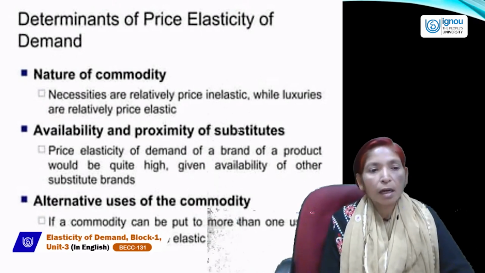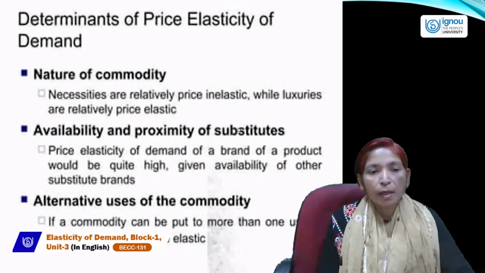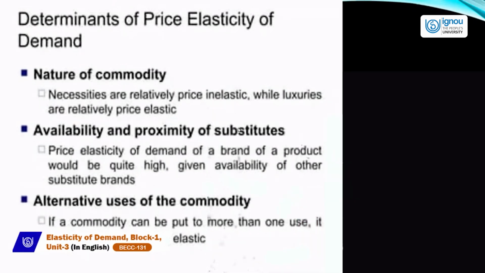Second is availability and proximity of substitutes. It means if in the market so many substitute products are available, our demand can change. If the price of one commodity increases, then we can demand more of another commodity. If demand can change, demand will be more elastic.